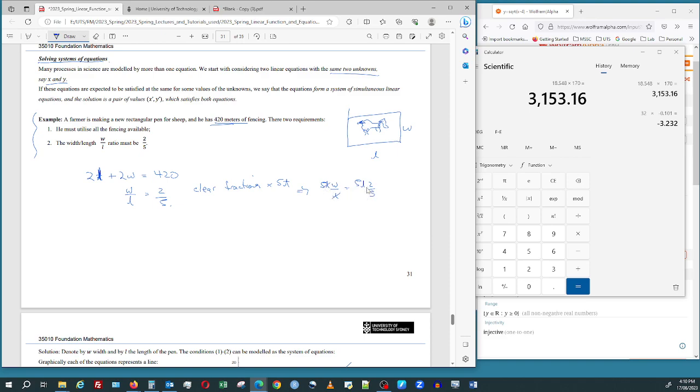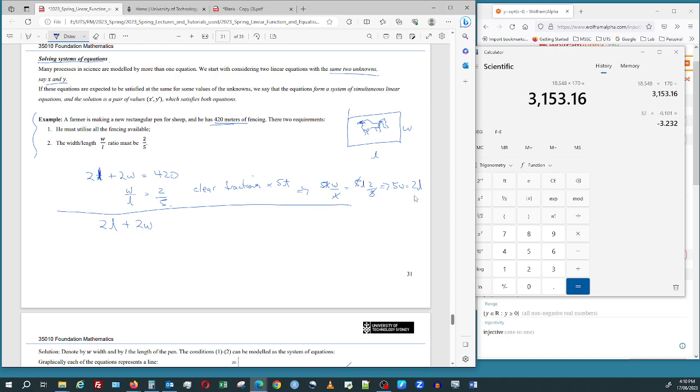So those L's will cancel, those 5s will cancel, and so we're left with 5W equals 2L. 5W equals 2L. So when we put the system of equations together, we've got 2L plus 2W equals 420.